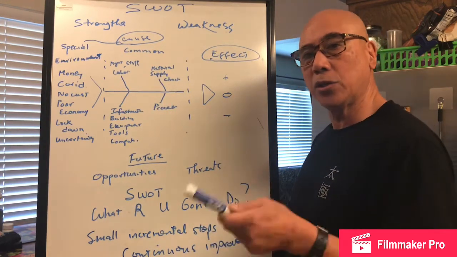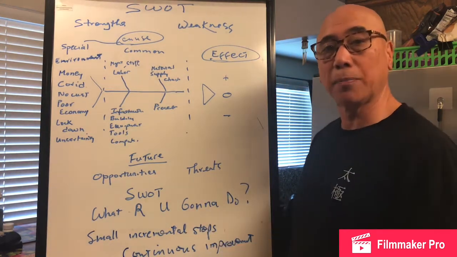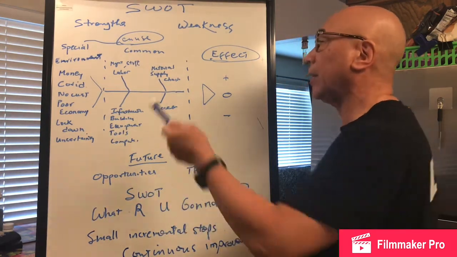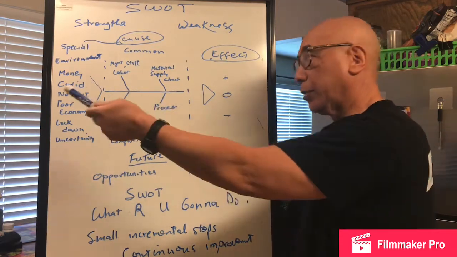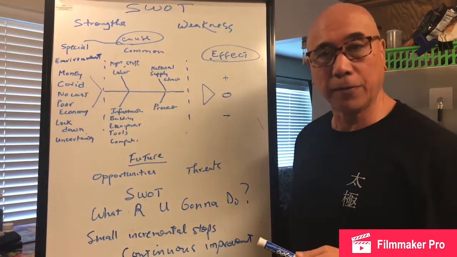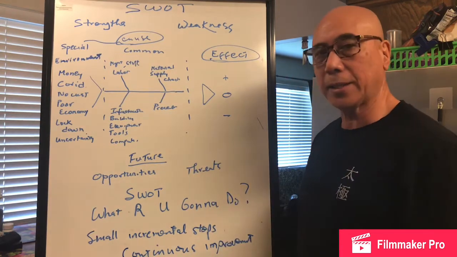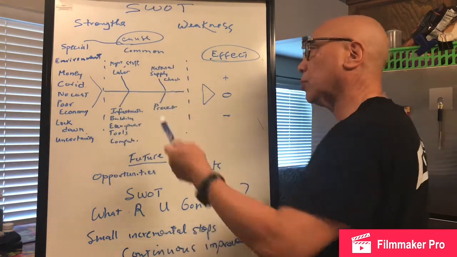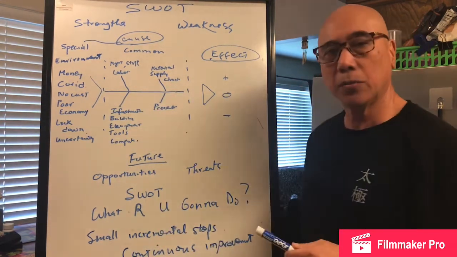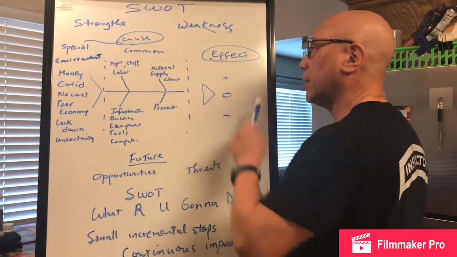Materials meaning what you can have, what is available. For example, toilet paper. If it's not available, then that affects the direction in which the fish is going. And then finally, process. What methods are you using to put this all together so that you can come up with the correct cause? Common causes create an effect.